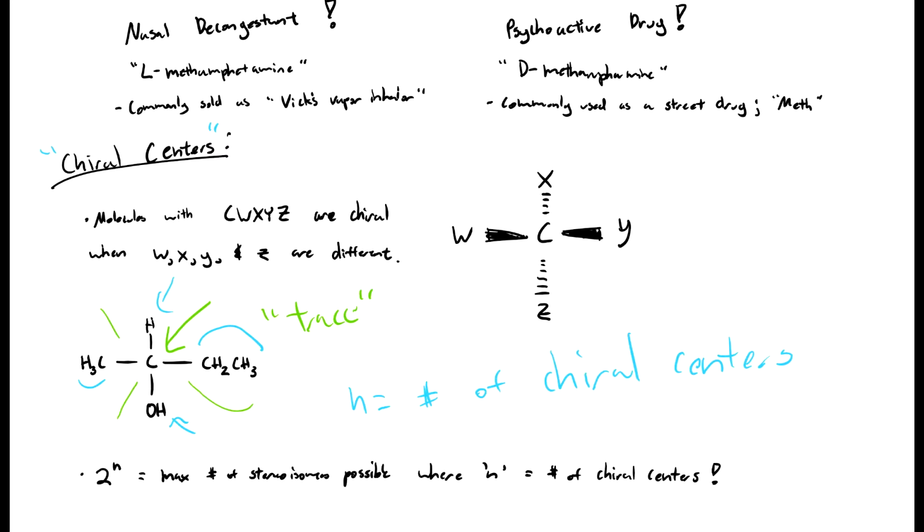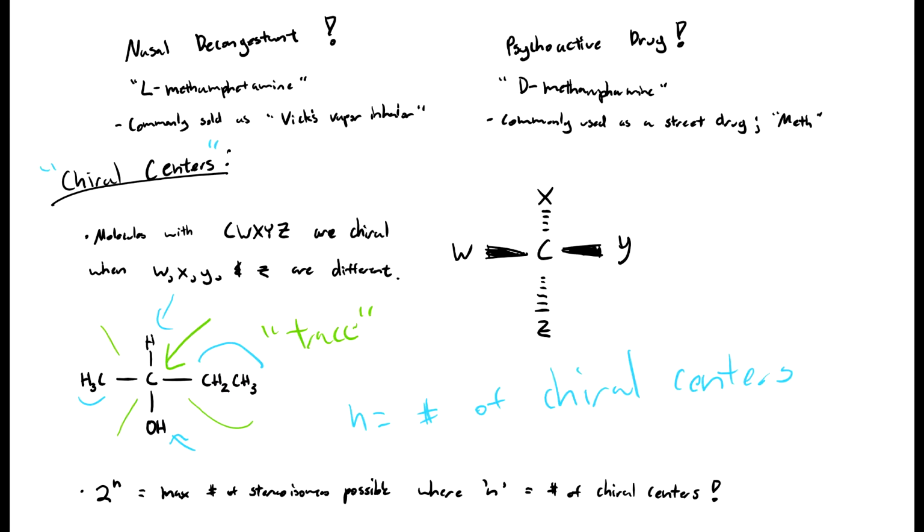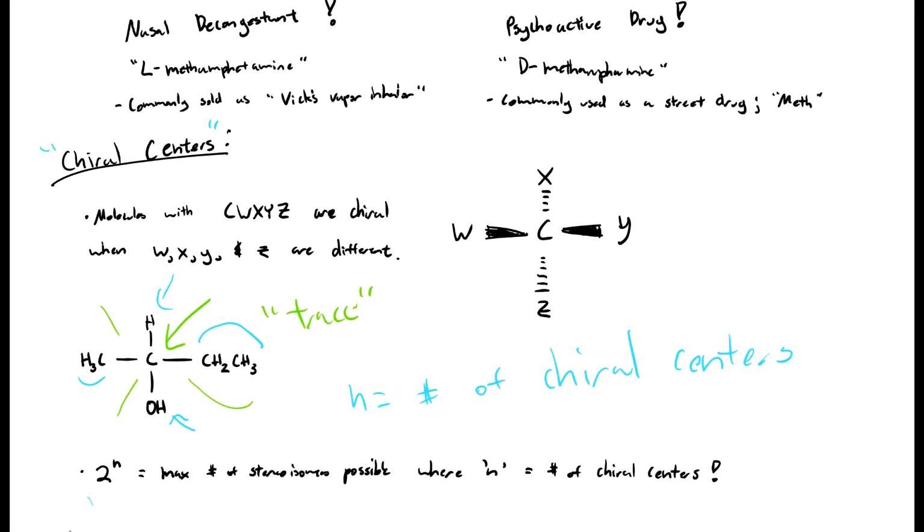You can spatially rearrange it differently a certain number of times, and you can do that to every single center. Some mathematician figured out that 2 to the nth power gives us the maximum number of stereoisomers possible. So a very good shorthand to remember.